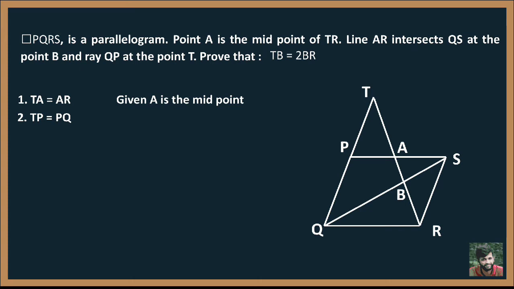If you remember your 9th standard portion well, you studied something called the Midpoint Theorem, which says that if a line is drawn in a triangle passing through the midpoint of one side, in this case point A is the midpoint of TR, and it is parallel to the base, then it will surely touch the other side at its midpoint, which makes TP equal to PQ.